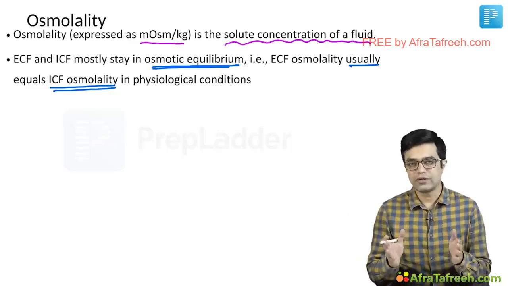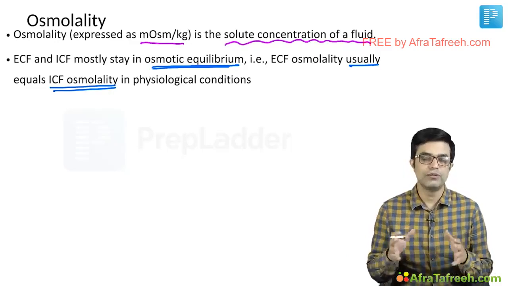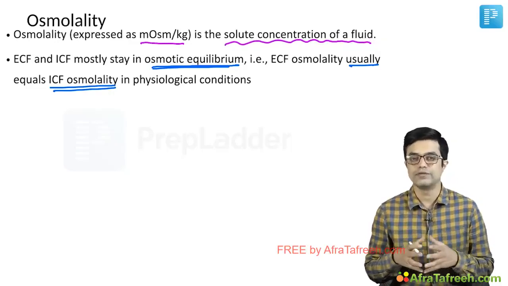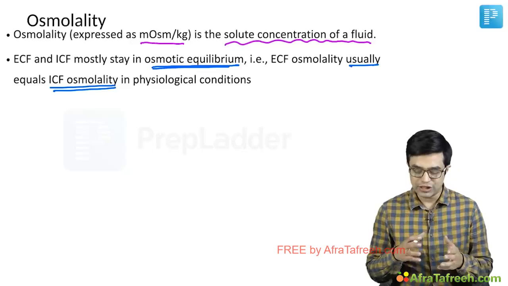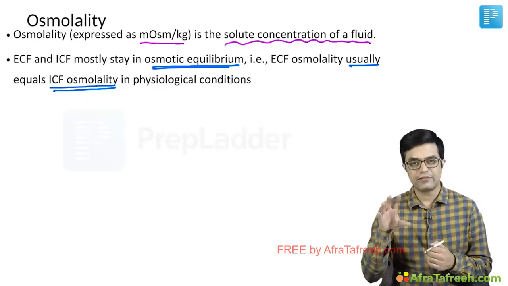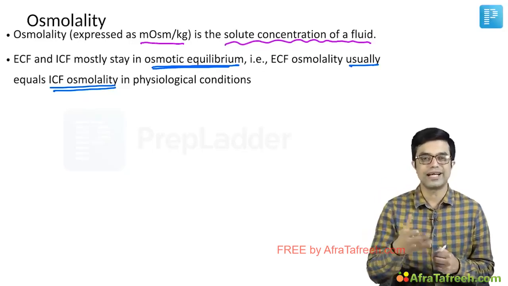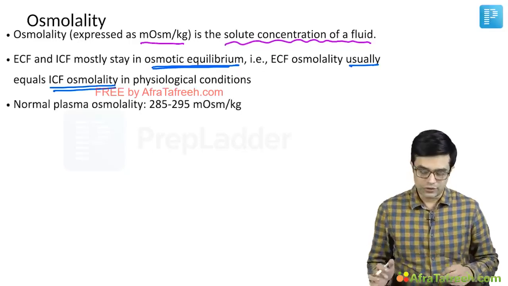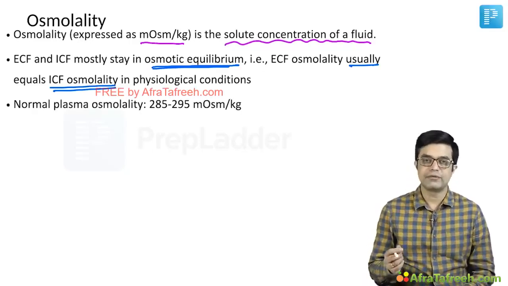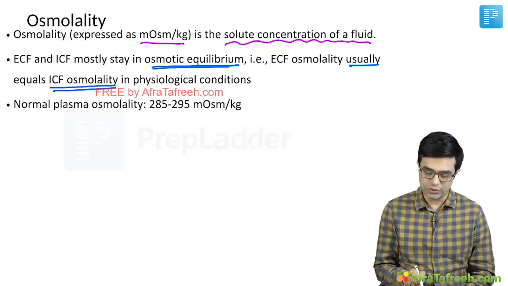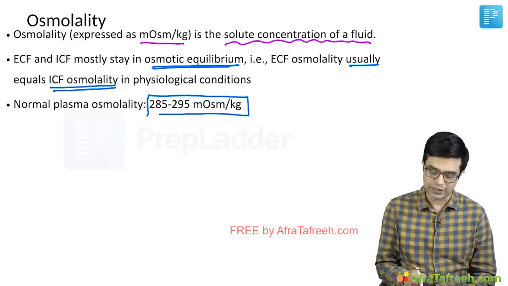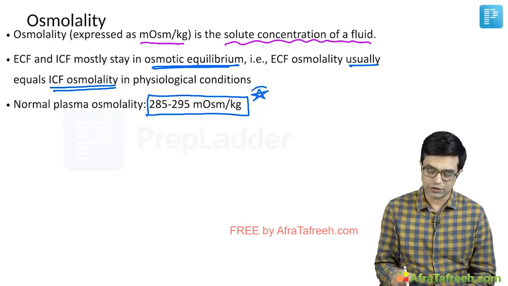So in normal physiological conditions there is an osmotic equilibrium which is seen in most individuals. If there is a change in the ions, it will produce alterations in the movement of water, and this equilibrium will be balanced. So the normal plasma osmolality is kept within a very strict range of 285 to 295 milliosmoles per kg, which can be a fact-based question for your entrance exam.